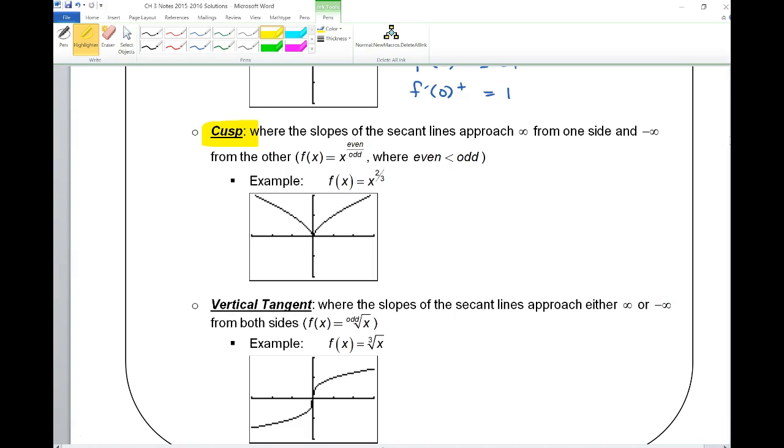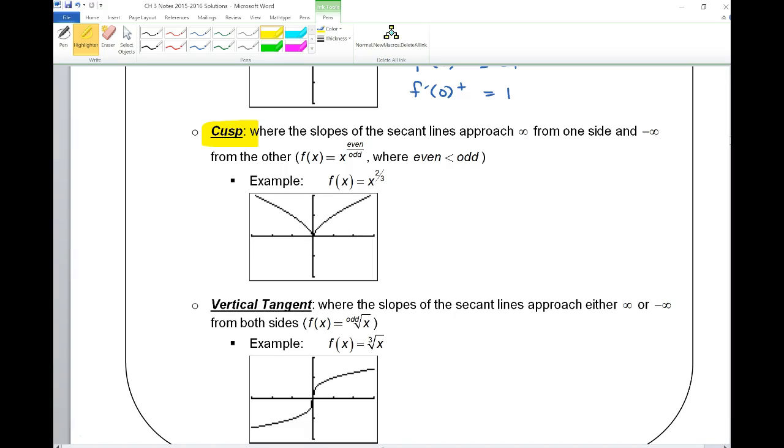That's a cusp. And that happens when you have a rational function, even over odd, where the even is less than the odd. So for example, if you have 4 over 7 as your exponent, that's a cusp. If you have 10 over 11, that's a cusp, okay? So it's something very specific.